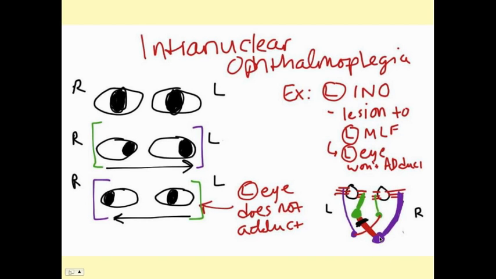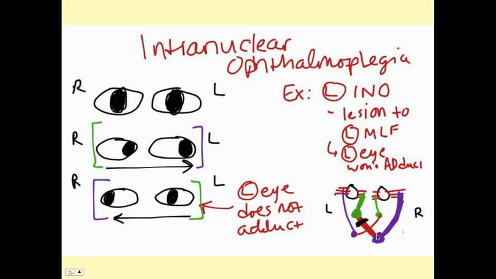So the right eye is moving to the right, but at the left MLF right here, we have a problem. And so we can't get our left eye to move to the right as well, to move midline, to move with the medial rectus. And so the left eye does not adduct.